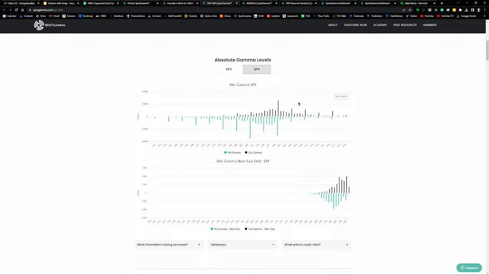And for SPY, 400 is the key gamma strike or the absolute gamma strike, and the put wall is at 390, the strike with the largest net negative gamma. And 410 is the call wall.